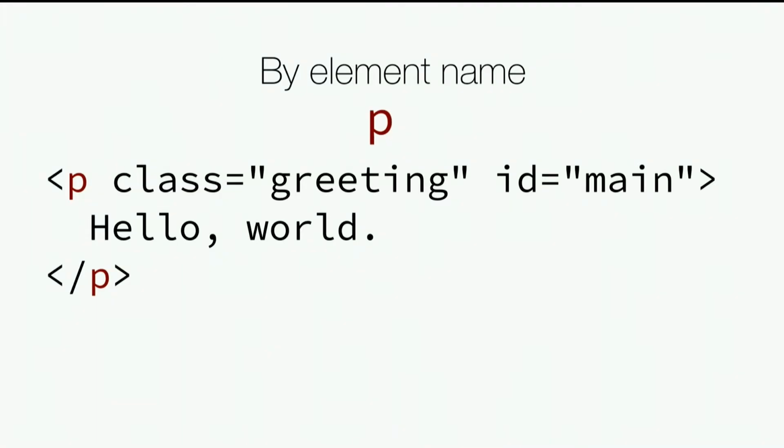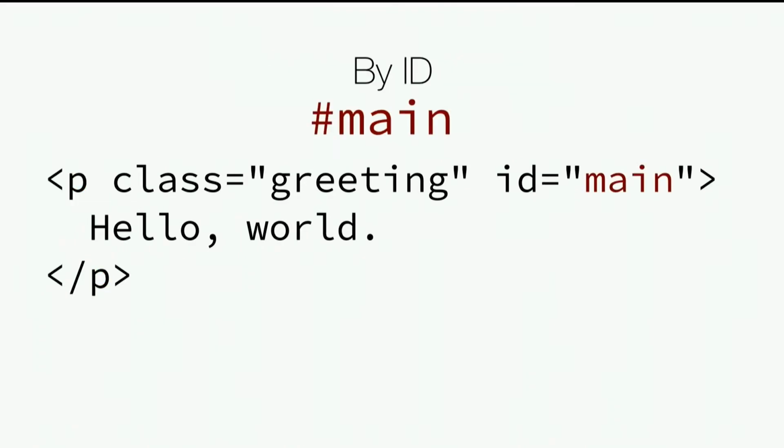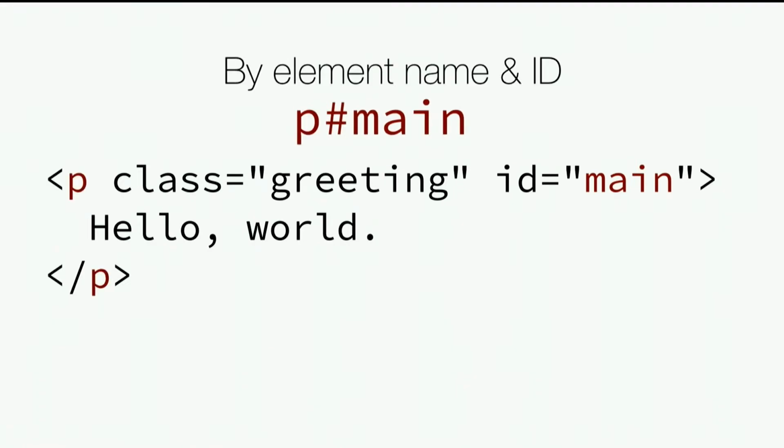Now what if we did want to do it by ID? So this one would be, yeah, hash main. Target it by its ID. If we wanted to find it by its element name and its ID, be real specific, p hash main.